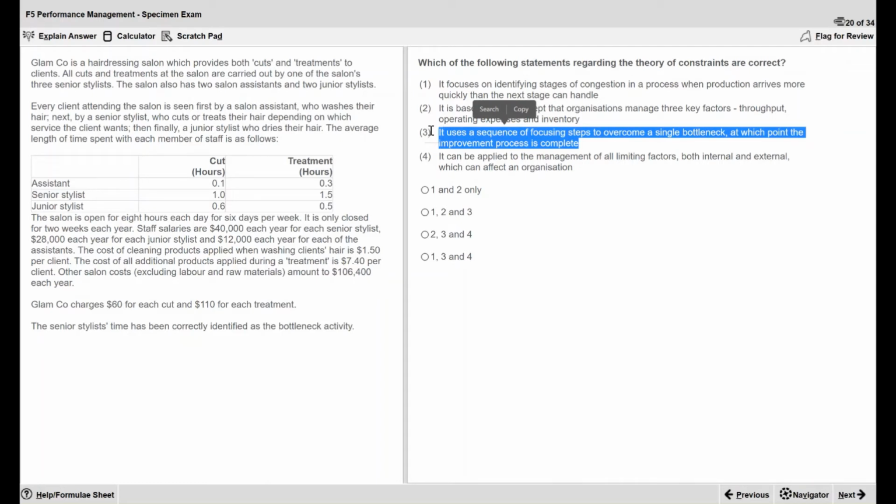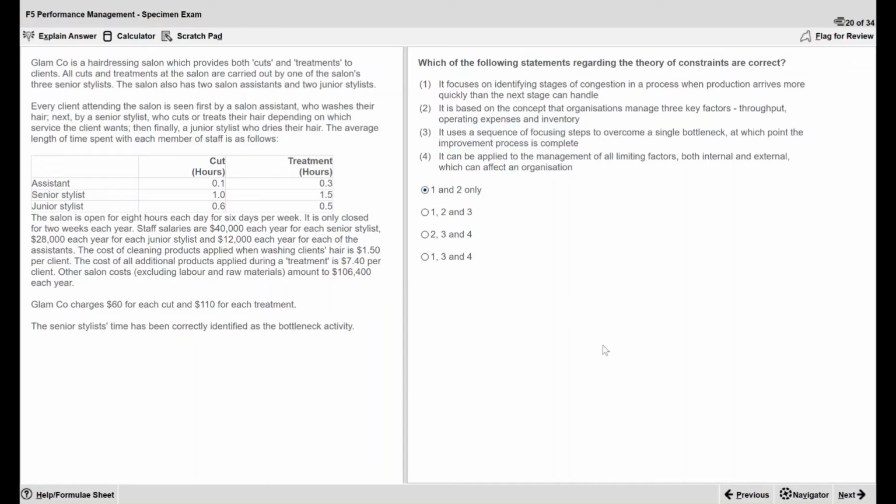Remember, throughput accounting says that once you have improved something that is a bottleneck activity, go back to step number 1. Maybe now another thing has become a bottleneck, like we just saw here as well. When we increase the senior staff hours, then other hours became a bottleneck. So because of which this would be wrong, and 1 and 2 would be correct.